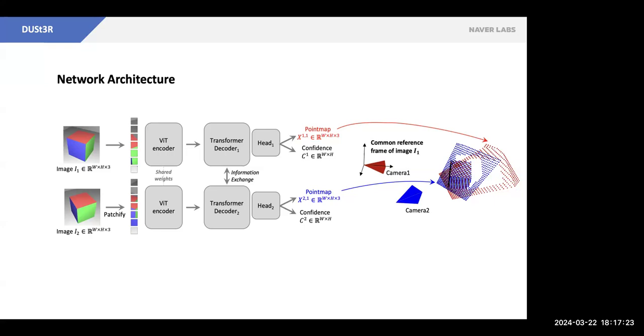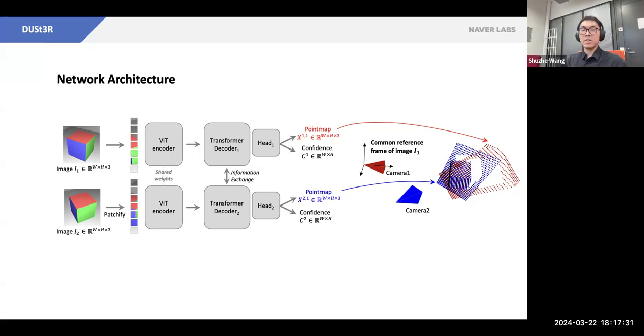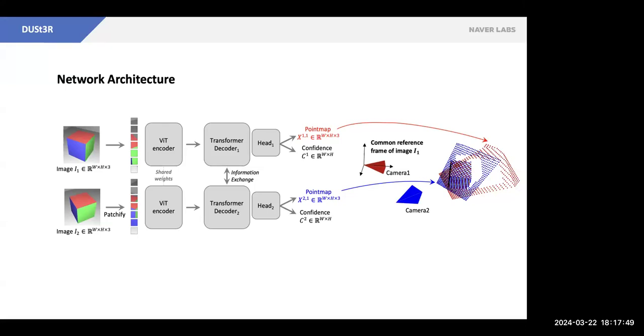Will the coordinates be normalized, or are they just the real size scale? Okay, this is the training objective, I will mention it later. Definitely we will rescale the coordinates, the predicted coordinates and also the ground truth coordinates, because we want to avoid the scale ambiguity. Okay. Thank you.